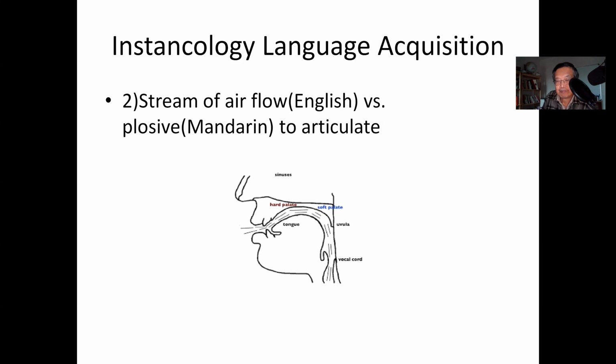I don't know if it's good or bad, but that's how the 1.4 billion people speak Mandarin. If you want to sound like them, you better learn from them, and you have to imitate them. That's one of the key differences. I just tell you that.